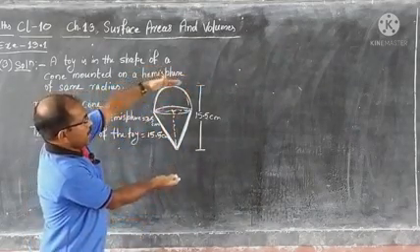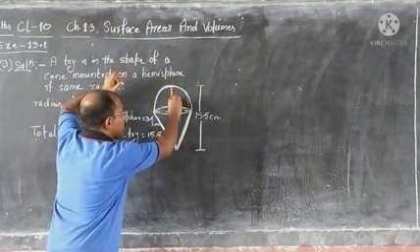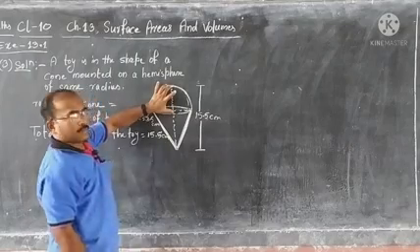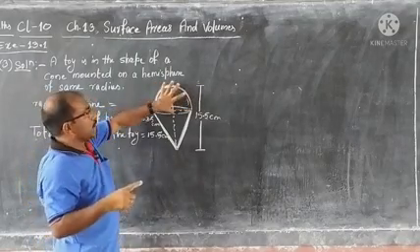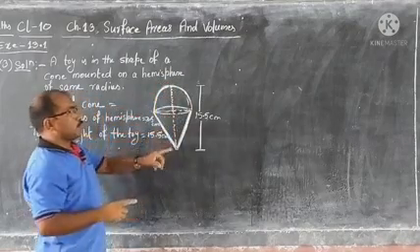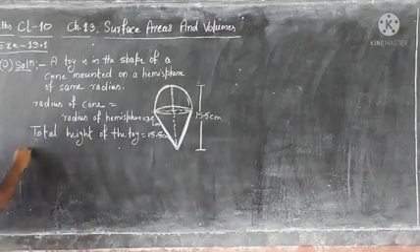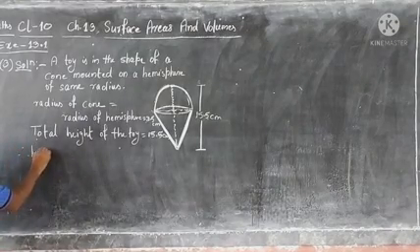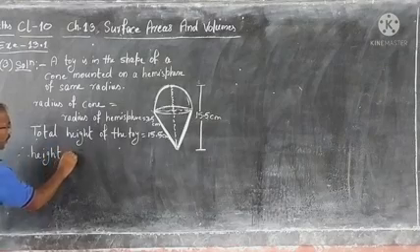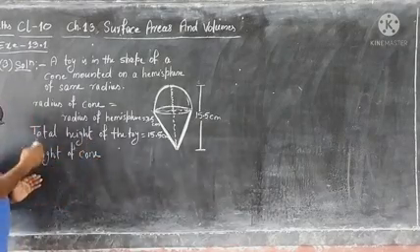So, full height is 15.5, the hemispherical portion radius is 3.5, so the remaining portion will be 15.5 minus 3.5, that is the height of the conical portion.